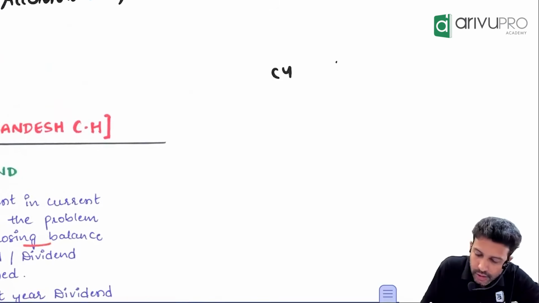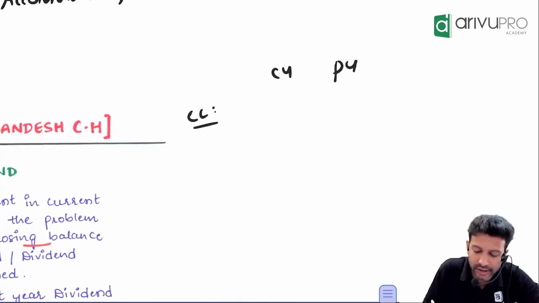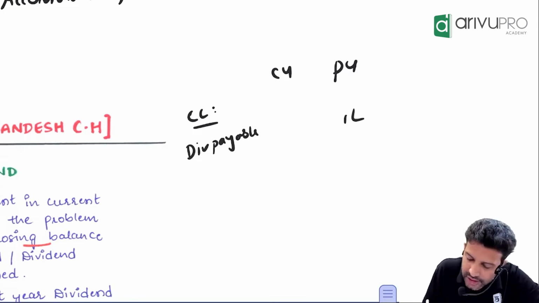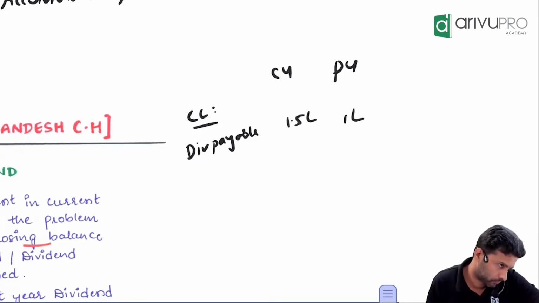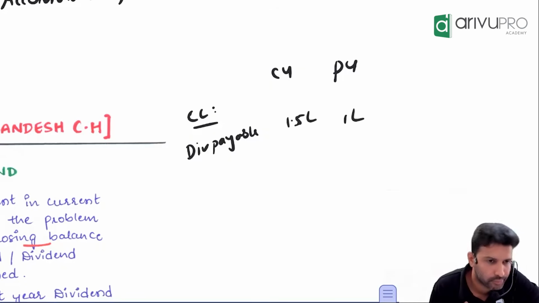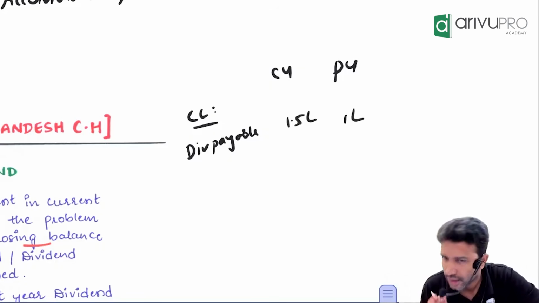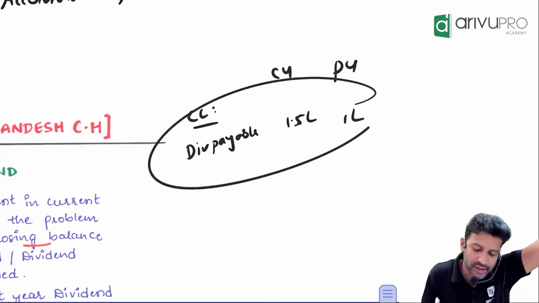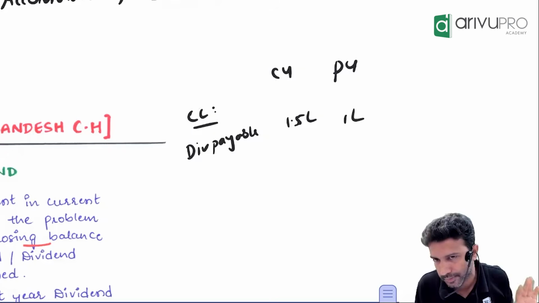So when you see that balance sheet, in your current liability side, they will say proposed dividend or some dividend payable, some name they will give. Let's say last year it was 1 lakh, current year, let's say it is 1.5 lakh. Like this, they will give. That's all. They will not give you any other adjustment, no other information.